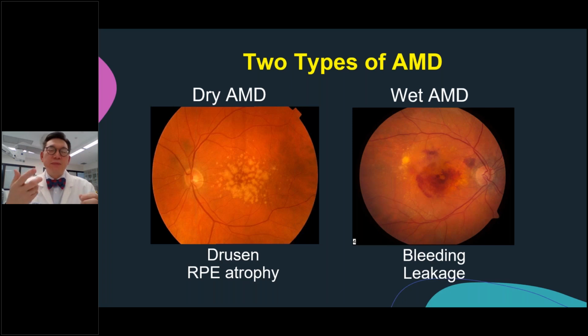It is the bleeding and the leakage of the fluid that damages the nerves. So in general, patients lose vision a lot more quickly when they develop bleeding in the eye, that is, they have wet macular degeneration, as opposed to dry macular degeneration, which is a lot slower.